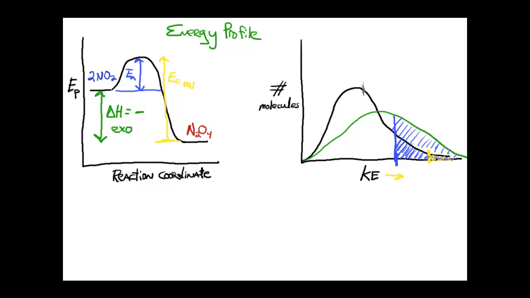But if I take a look at the reverse, it goes from this little amount to this, which is a much larger increase percentage-wise in the number of molecules that have sufficient energy to react in reverse. What that means is that the rate of the reverse reaction goes up more than the rate of the forward reaction.